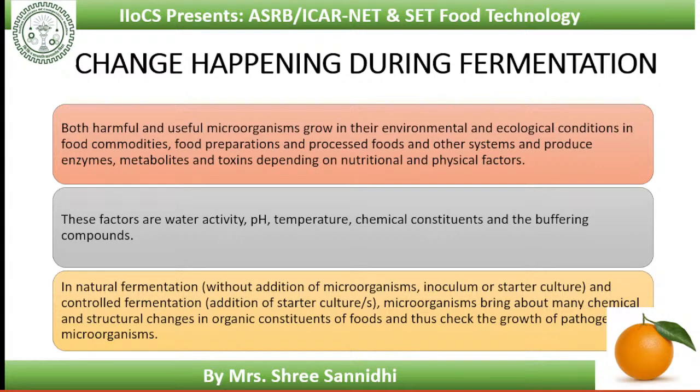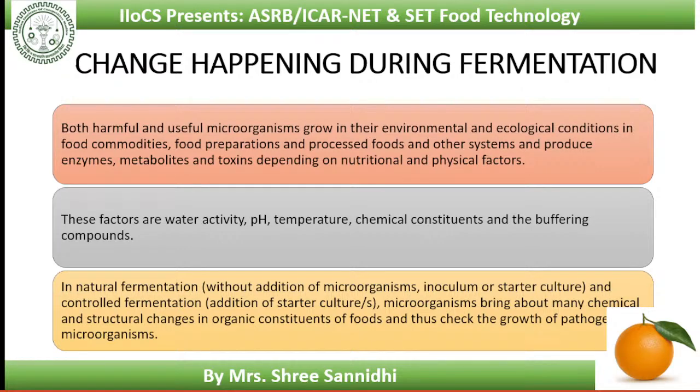So we have two types of fermentation. Okay, one is naturally happening, another is controlled, where we control the process of fermentation. In natural fermentation, we don't add any microorganisms, inoculum or starter culture, and in controlled fermentation, we add the starter culture and control to what extent the microorganisms ferment the food.